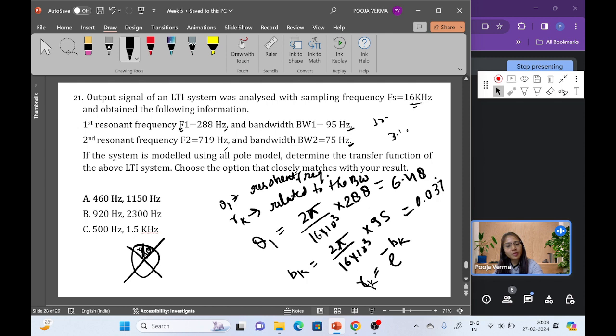And e to the power minus Bk, what do you get? 1.037. Okay, are you sure? 1.037.